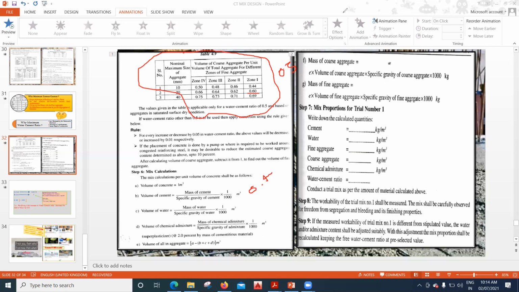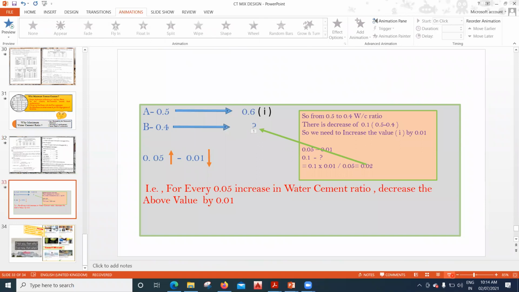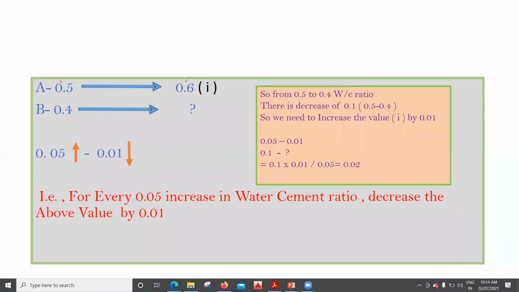Now what is that correction factor? That we'll try to see here. So the correction factor that we need to consider is this one. For water cement ratio of 0.5, we got the answer as 0.6, isn't it? But our water cement ratio is 0.4. For that, how much value do you have to take? So for that, you have to apply this correction factor.